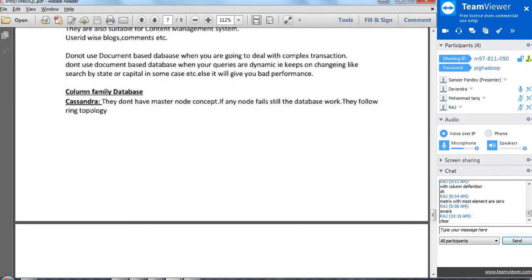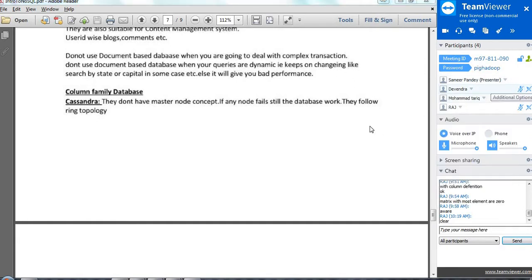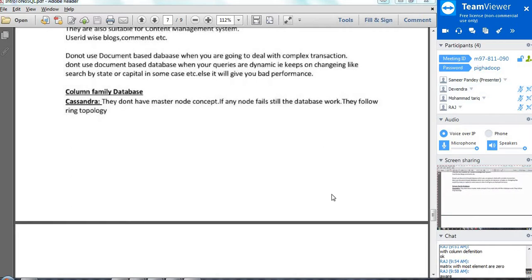Now our main focus is understanding the column family database, because HBASE is one of the column family databases that we have. So see, column family database, one is Cassandra.